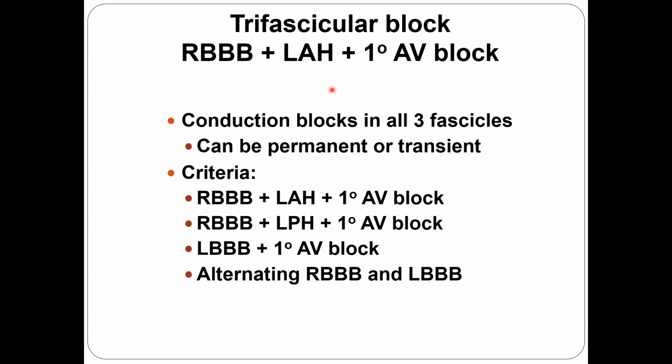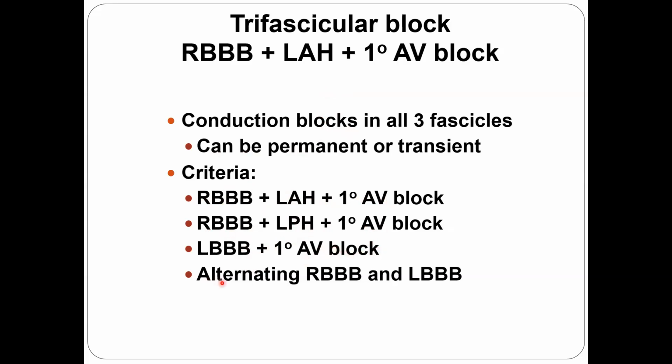Good. Trifascicular block. The trifascicular block can be a lot of things. One, as already mentioned, is right bundle plus the left anterior hemiblock and the first degree AV block. Right bundle branch block together with the left posterior hemiblock and first degree AV block. Or both left posterior and anterior are out, and we do have a first degree AV block.